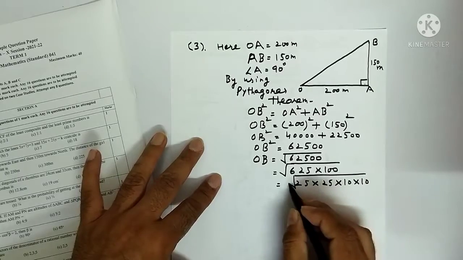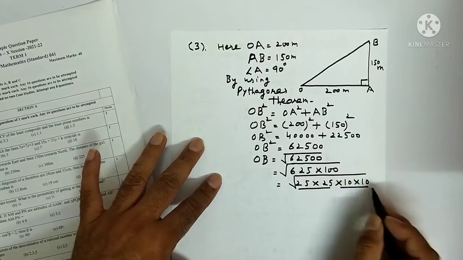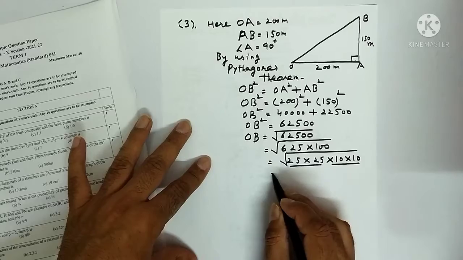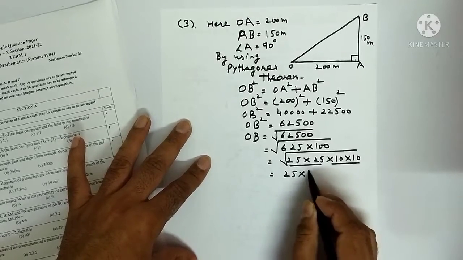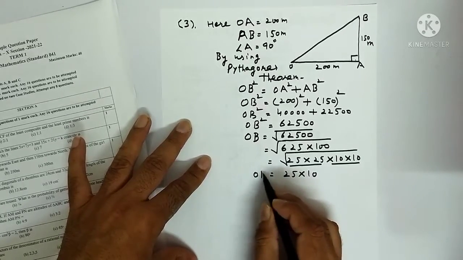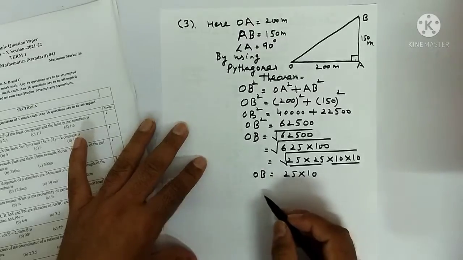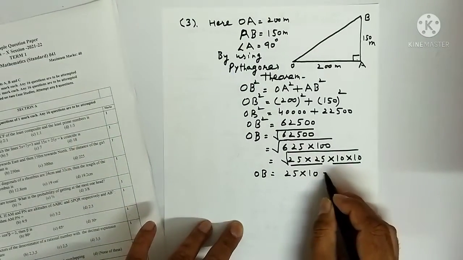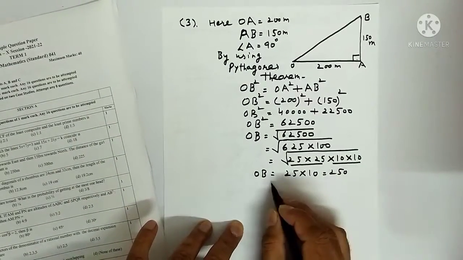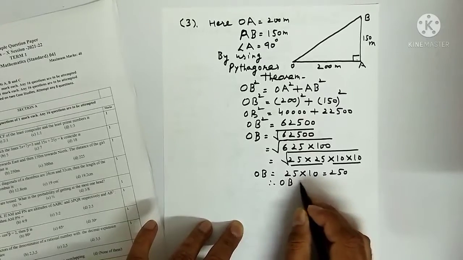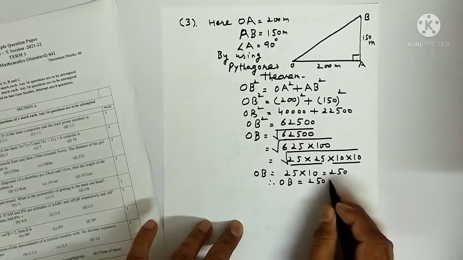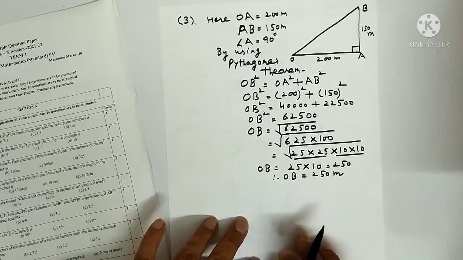Under root, pair of 25, 1 of 10. So it is 25 into 10, and 25 into 10 is 250. Therefore OB has come out to be 250 meters. This is option number B.